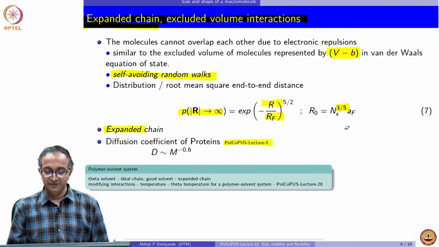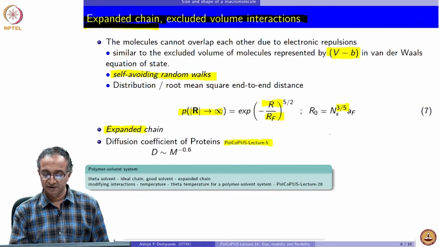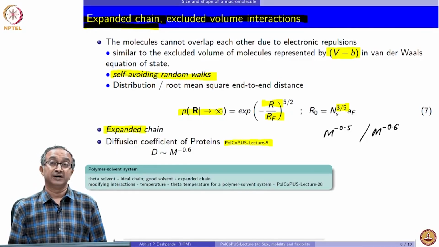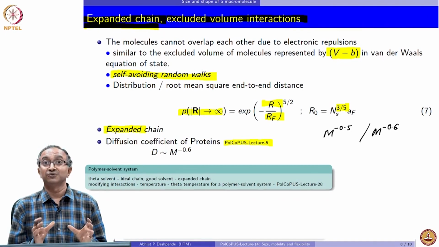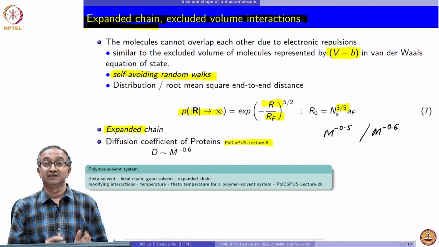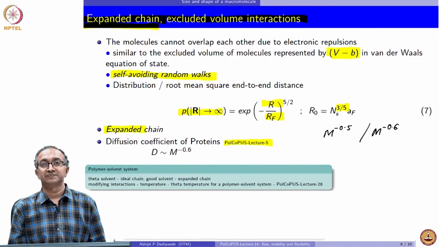So in that lecture, we had described the diffusion coefficient as a function of molar mass using two different theories, where molar mass to the power minus 0.5 and molar mass to the power minus 0.6. Now you know the background behind why we use those theoretical curves to compare the diffusion coefficient of protein with molar mass.